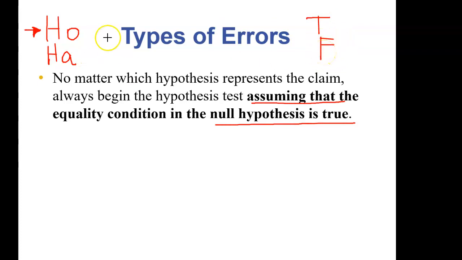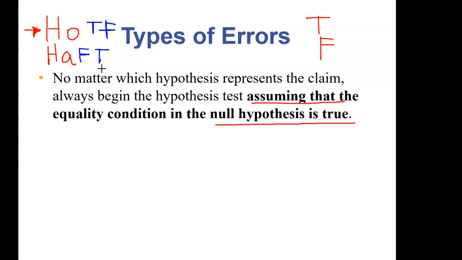What does that mean? If your null hypothesis is true, what does it mean about your alternative? Automatically it is false. Do you see that? If your null hypothesis is false, what does it mean about your alternative? Your alternative is true. Okay, it is slightly confusing, so you might want to rewind it and do it again.